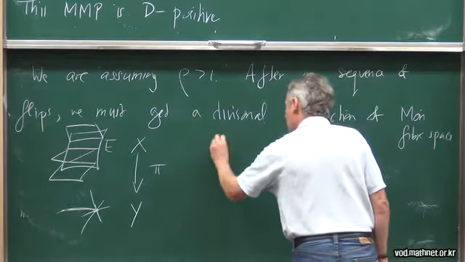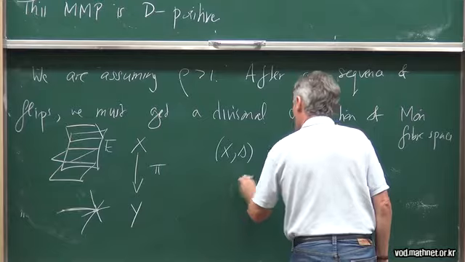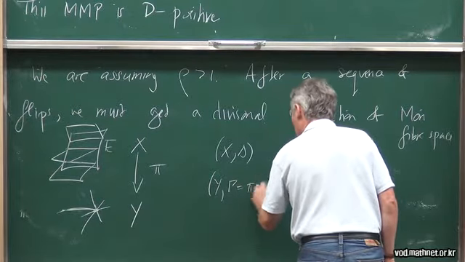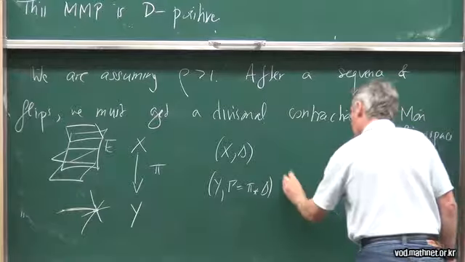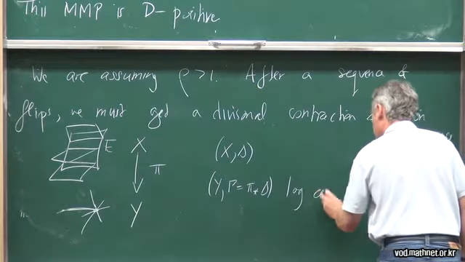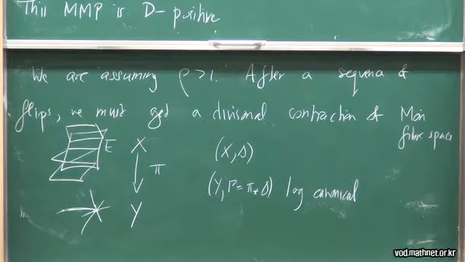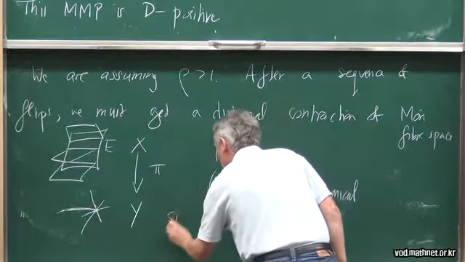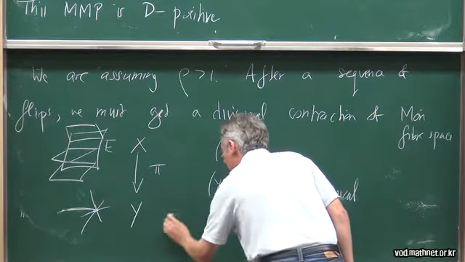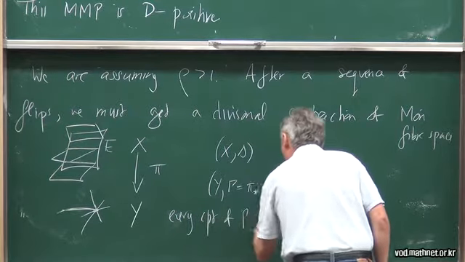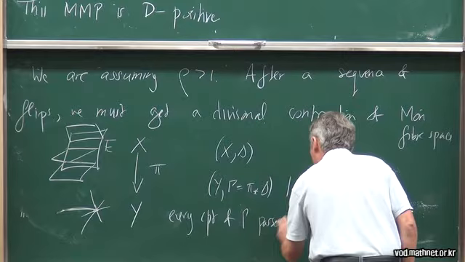So if you've got X delta, look at Y gamma, pi lower star of D delta. This is log canonical, it's running MMP. And yet every component of gamma passes through the same point.